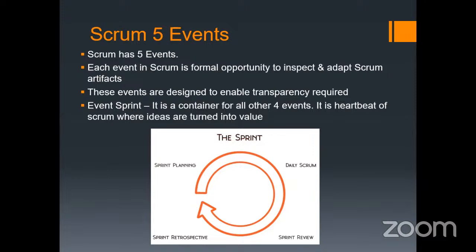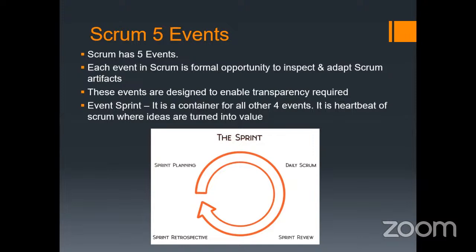Now, how is transparency enabled? Because we have provided the Scrum artifacts, and for every artifact, we have a commitment. So again, as we move forward, we will discuss the Scrum artifacts and the commitment of each artifact.